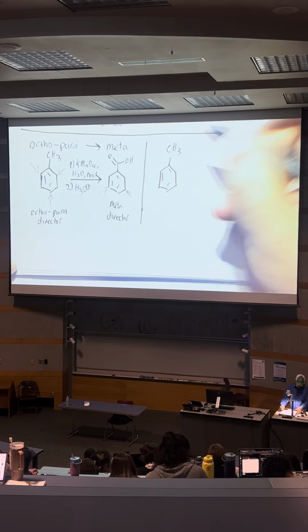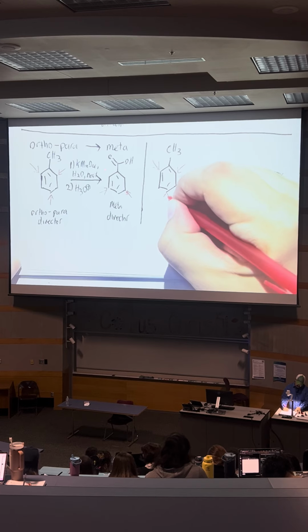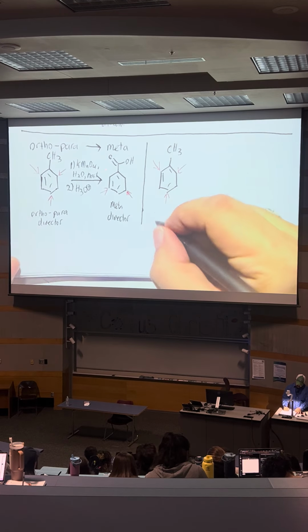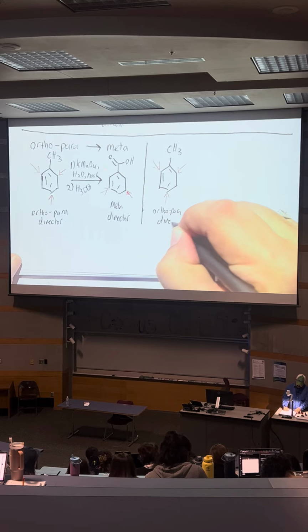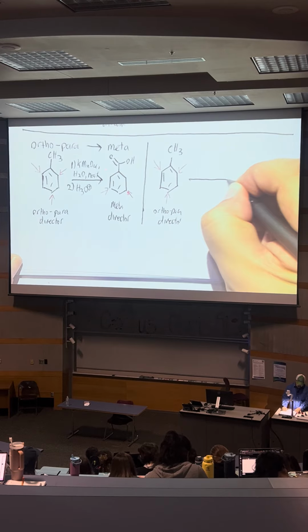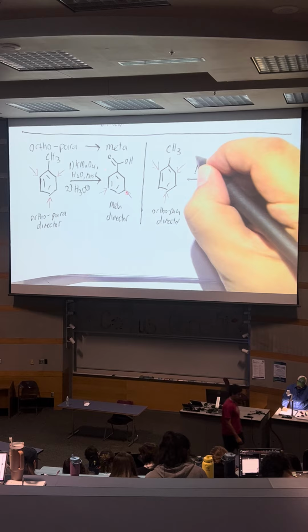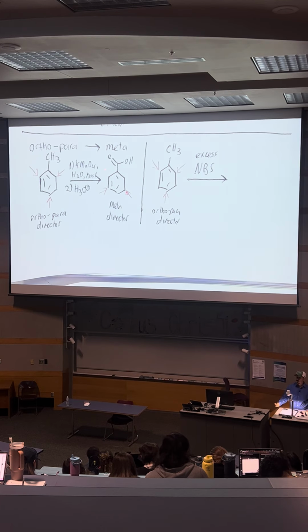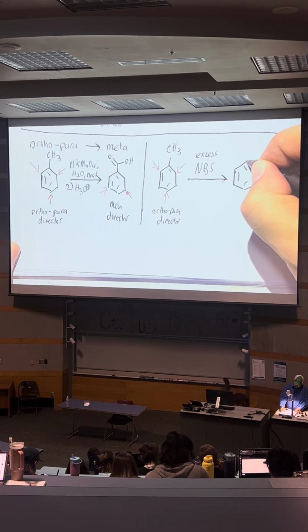Here's toluene yet again. If you remember NBS, if we use excess NBS, we can trigger the radical bromination. Right, that was again a reaction from the previous chapter. The radical bromination targets specifically the benzylic protons.